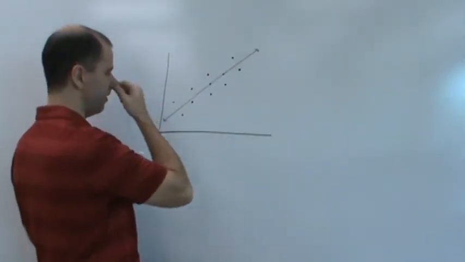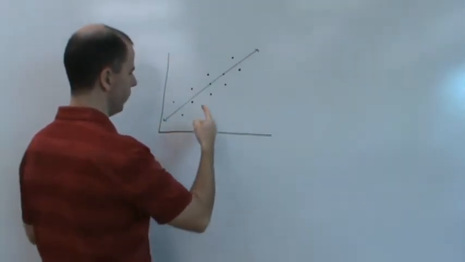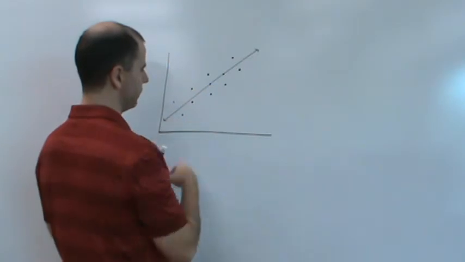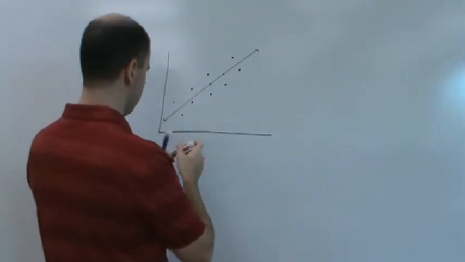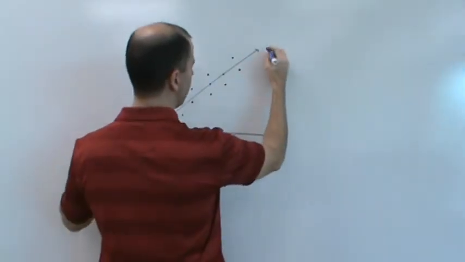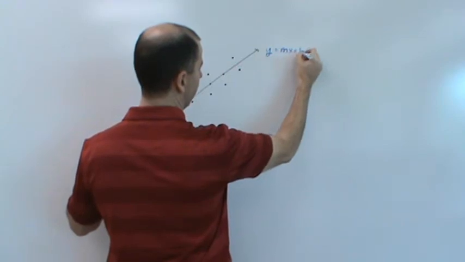This is the dot that's based on the line. So what does this line represent? Let's say this line represents mx plus b.